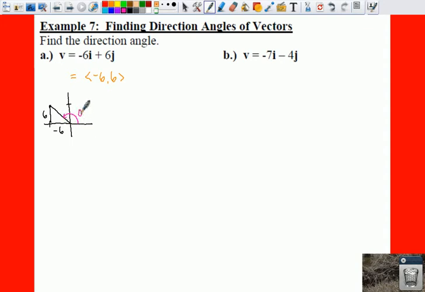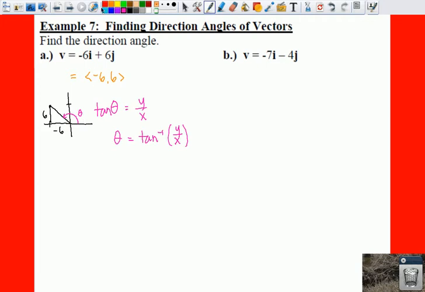In order to figure out what this theta is, we do what we've done before. You're going to look at your opposite value and your adjacent value. That is your tangent. So if we set this up as the tangent of theta is equal to y over x, then in order to figure out what theta is, we need to take the arc tangent of both sides. So theta is the arc tangent of y over x.